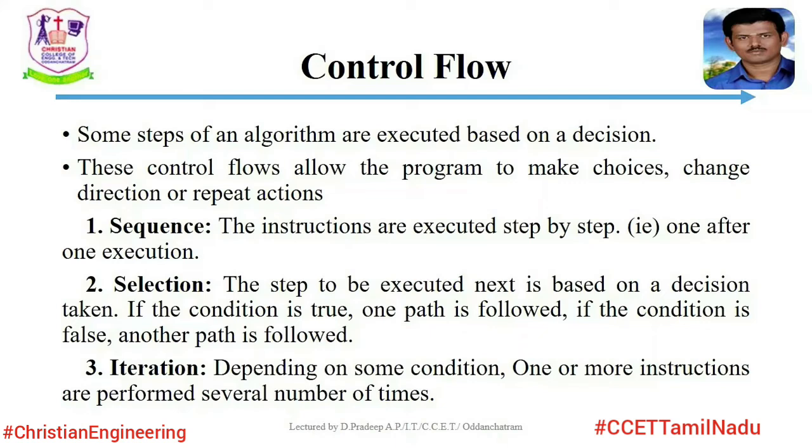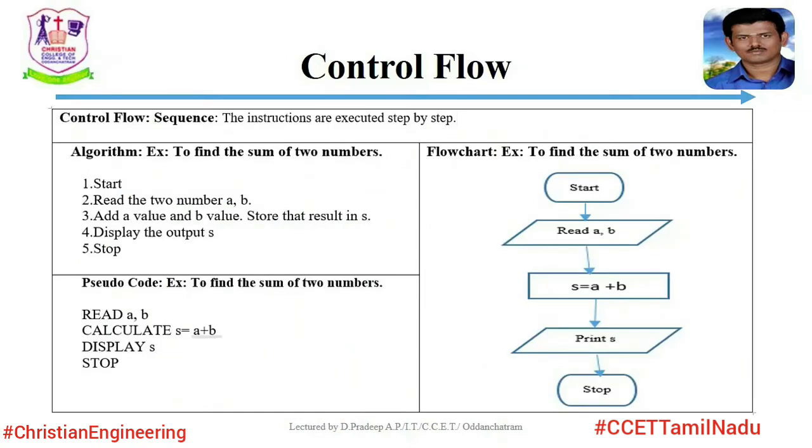This may occur during programming. So that is also handled by the control flow. There are three kinds of control flows: to make a choice, to change the direction of execution flow, and to repeat the actions.